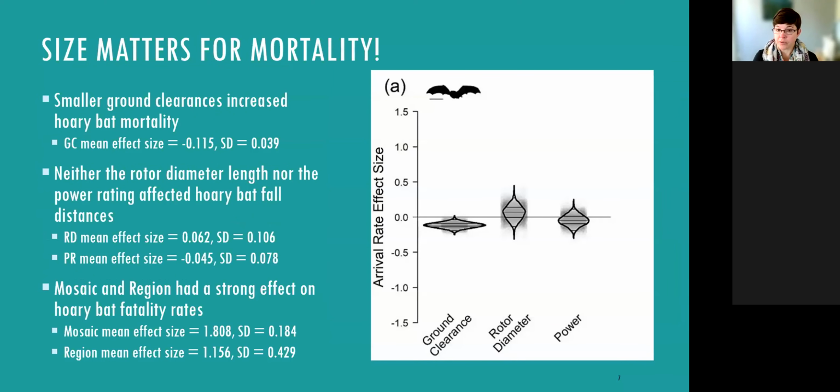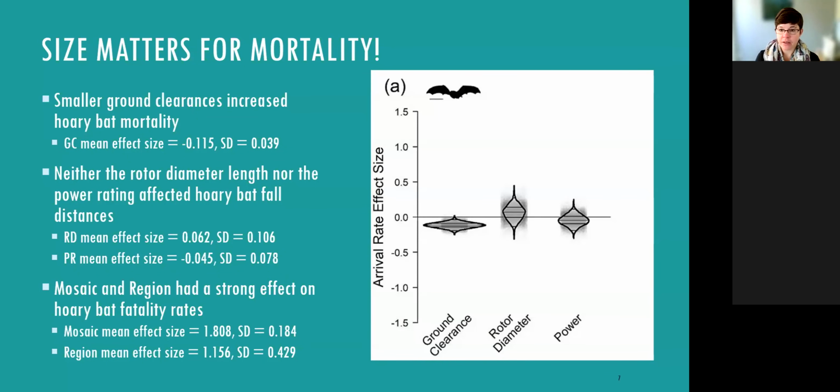So ultimately what we found, and the model did a really good job of parameterizing and capturing the variation in the data, even though we had a lot of different survey protocols and very highly variable wind sites across the country, is that mortality actually increased with a decrease in ground clearance.